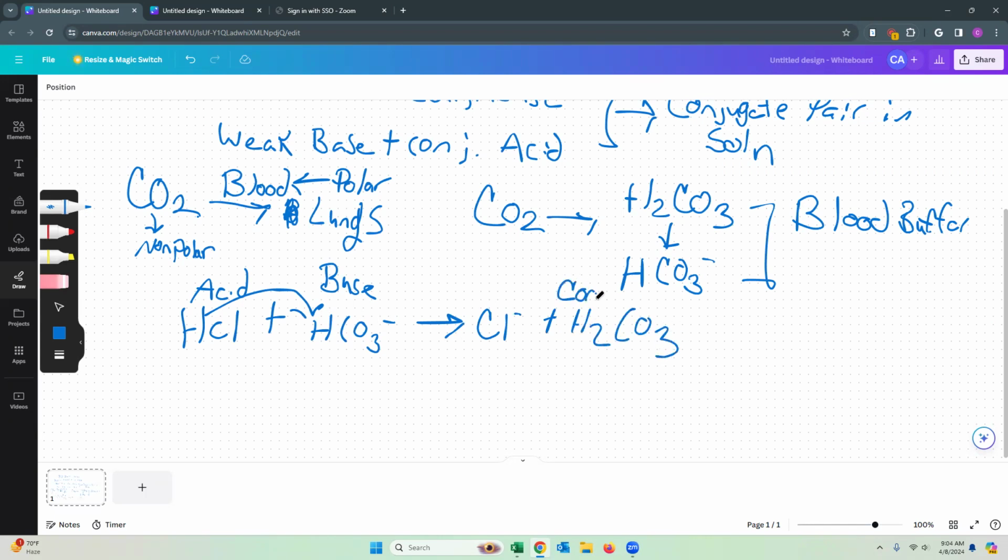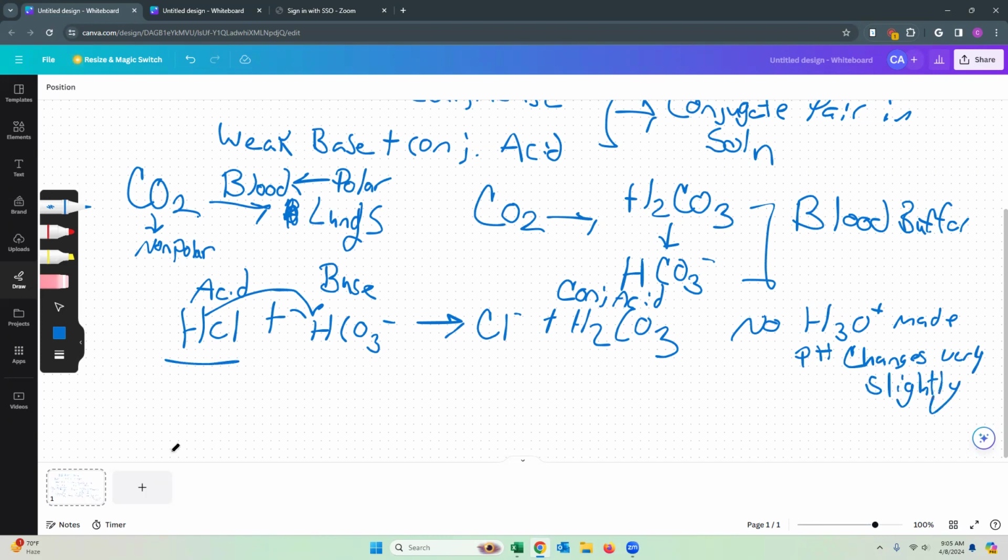I'd remake my conjugate acid. Here, no H3O plus was made. So pH barely changes. pH only changes very slightly. So even though I added this strong acid to my solution, the pH of my solution really didn't change.